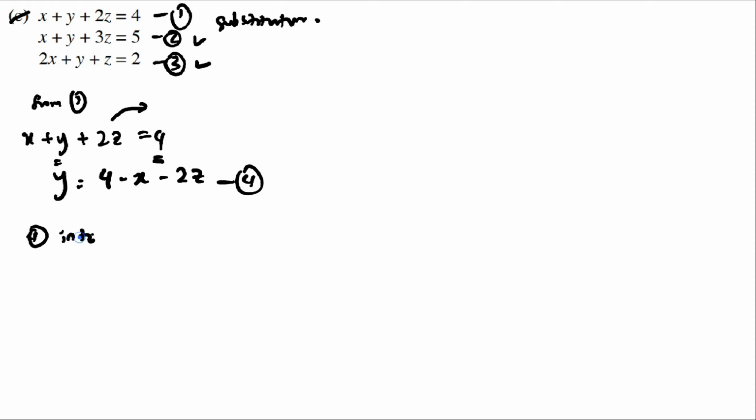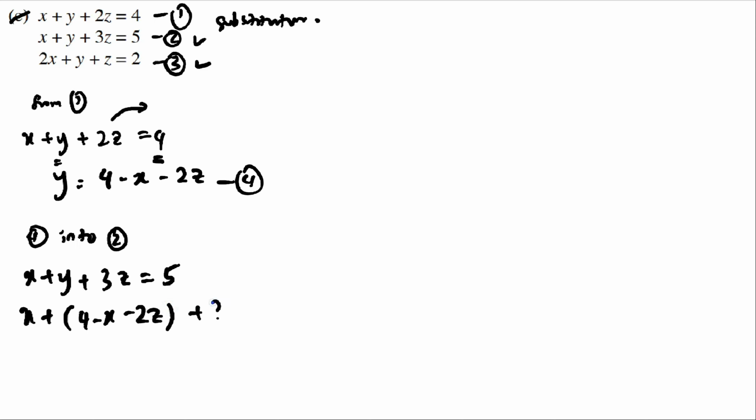4 into 2. Here, equation 2, we have x plus y plus 3z is equal to 5. This one, 4 into 2, 4 is y, right? x plus y is 4 minus x minus 2z plus 3z is equal to 5. x plus 4 minus x, this one positive and negative, negative 2z plus 3z is equal to 5. x minus x can be cancelled out.